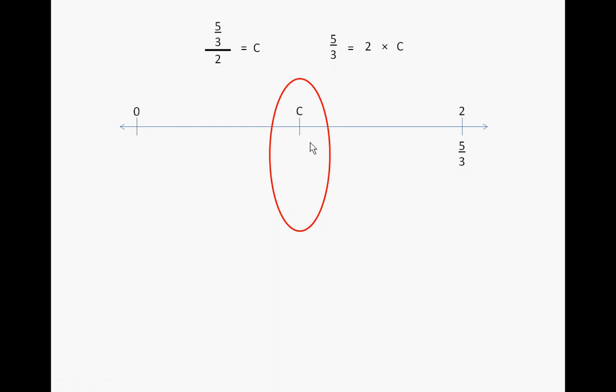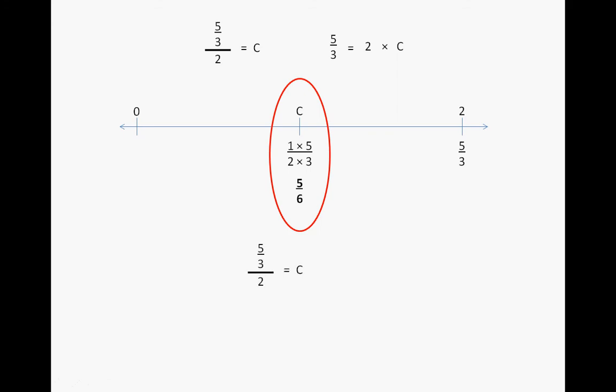Well, if 5/3 is split up into 2 groups, then this first group is 1/2. This would be 1/2 times 5/3, and we're done. We don't need to go anywhere because we're already at c. So just multiply and you get 5/6.